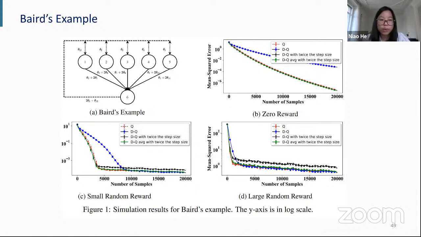The reason is straightforward, because you are only updating one parameter at a time rather than two of them. However, if you use twice as large a step size as Q-learning, double Q-learning actually converges at the same rate. Initially, the transient behavior is nearly the same as Q-learning. However, asymptotically, you see that double Q-learning with twice the step size has much larger variance than Q-learning.